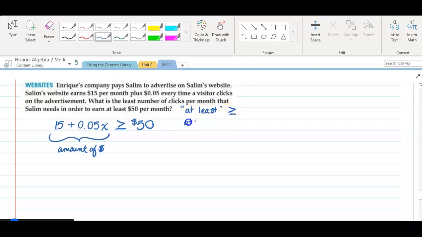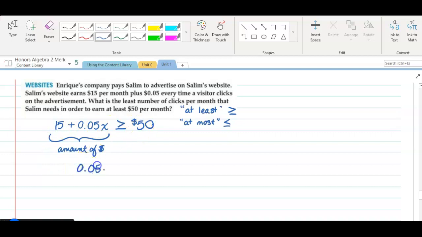At most, if you see those words, at most, it would be less than or equal to. Kind of seems counterintuitive because less than goes with most and greater than goes with least when we're talking about at least, at most. All right, so let's try to solve this. First, we have to subtract 15 from both sides.